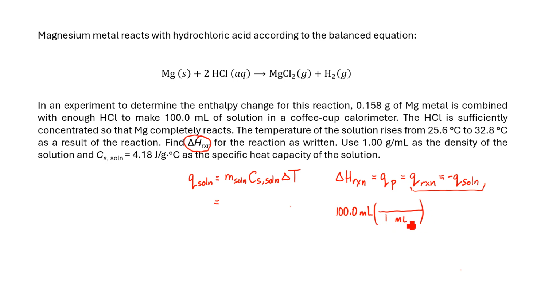For every 1 milliliter, we have 1.00 grams of the solution. So we got 100 grams. Okay? And notice there's 3 significant figures there, right? So let's just put 100 grams of solution as our mass.